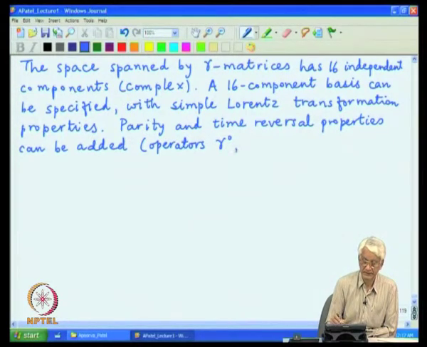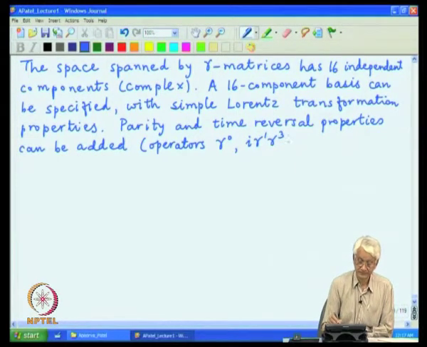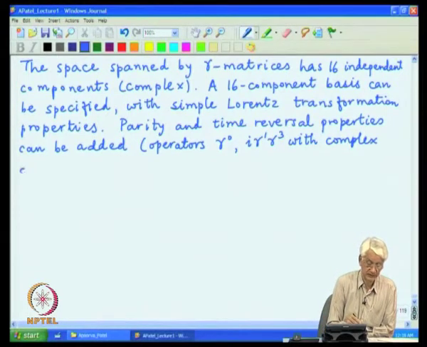where gamma 0 and I gamma 1 gamma 3 with complex conjugation respectively.